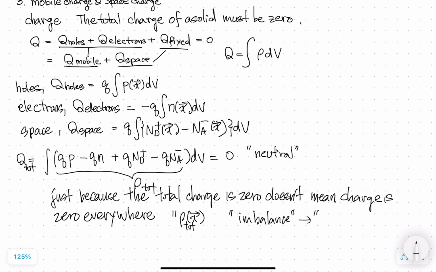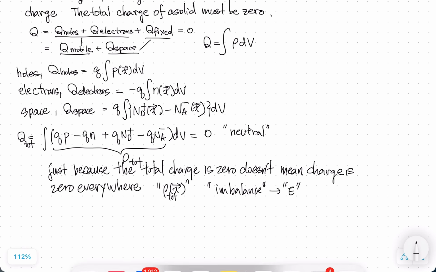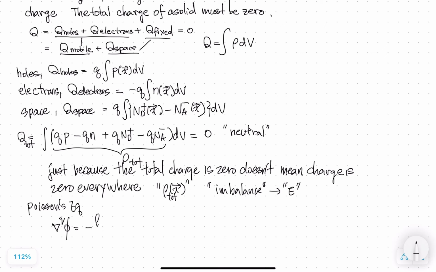leads to an E field inside the device. That's where Poisson's equation comes in. And let me write Poisson's equation. The Poisson's equation is this. Here rho is rho total, so it's basically just this.